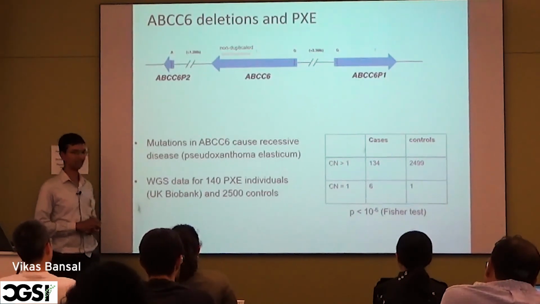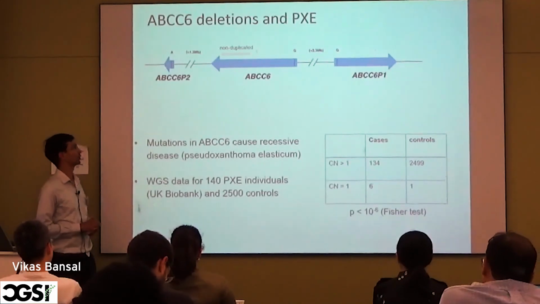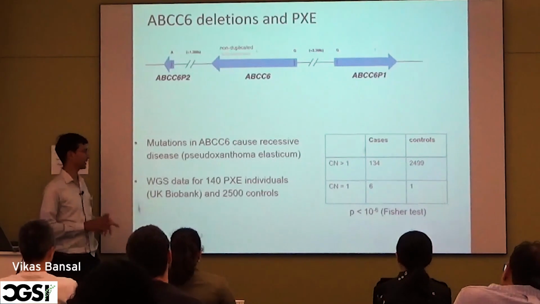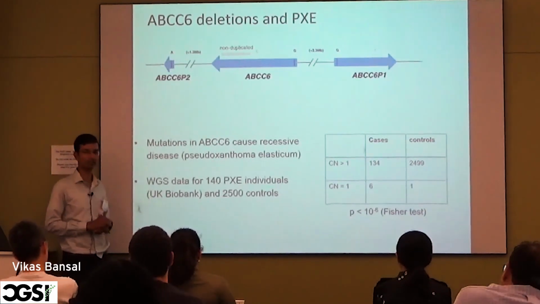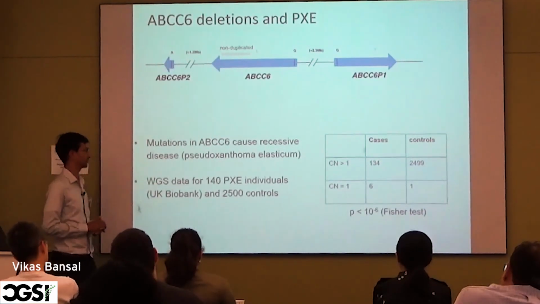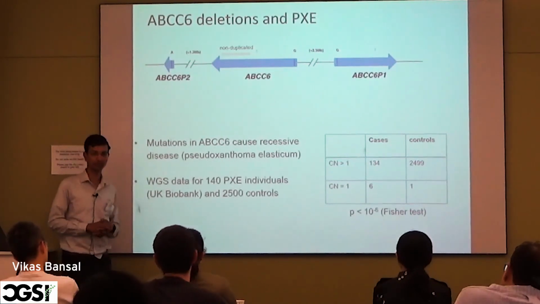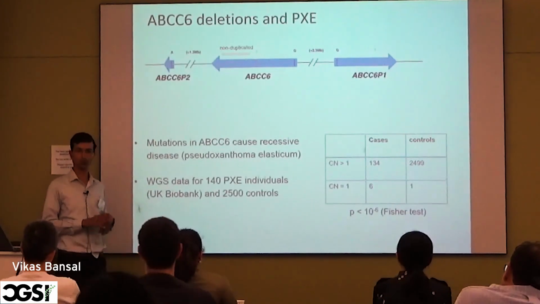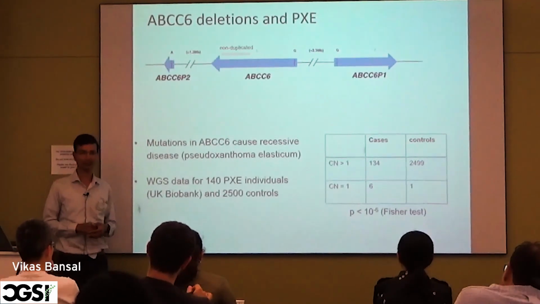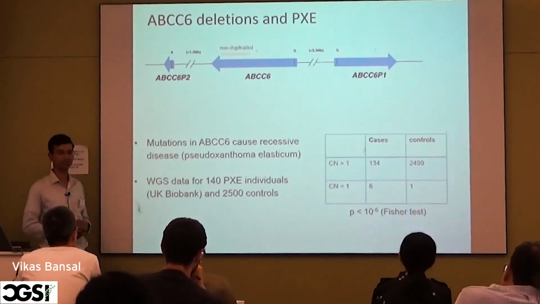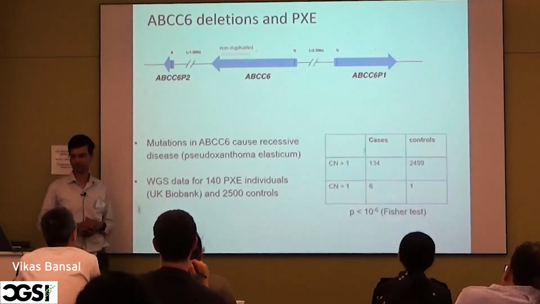Most of the mutations that have been found are in the non-duplicated part of the gene, and using UK Biobank data that had 140 individuals with this PXE disease, we were able to find 6 individuals that carry deletions in the duplicated part of the gene, and compared to the individuals that don't have disease, this was a very significant association.